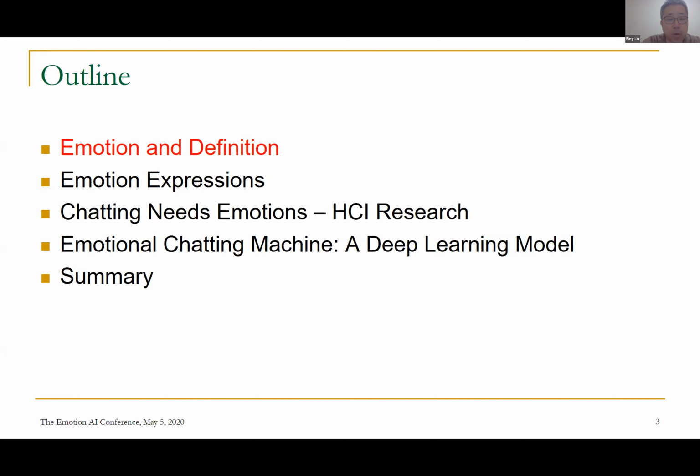Then I'm going to talk about emotion expressions, because when you try to recognize emotions, you need to know what kind of expressions people use to express emotions. And then I'll talk about some HCI research, which basically says emotion in chatting is necessary. Then I'll talk about a particular deep learning model which produces a little chatbot that can do some kind of emotional chatting.